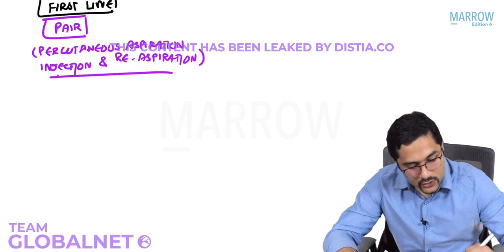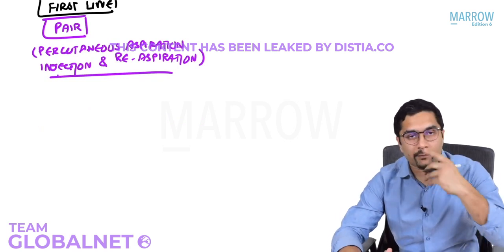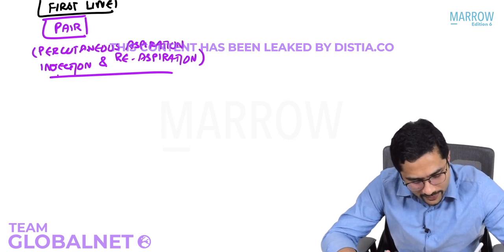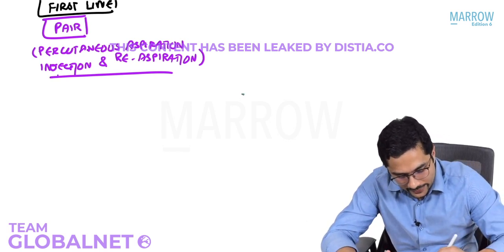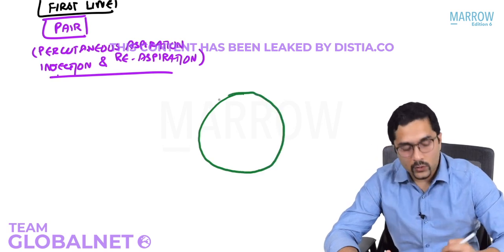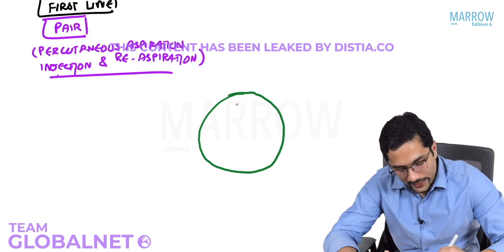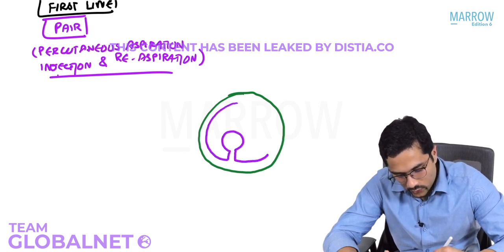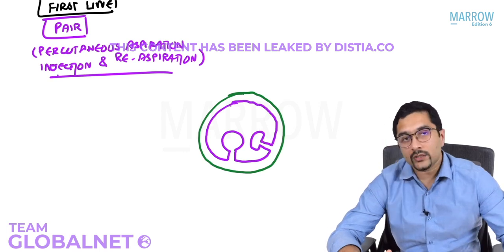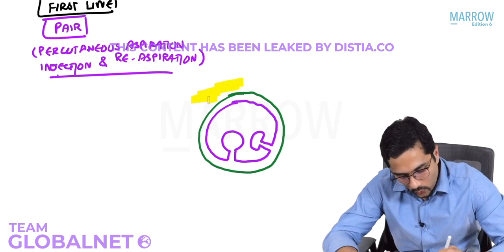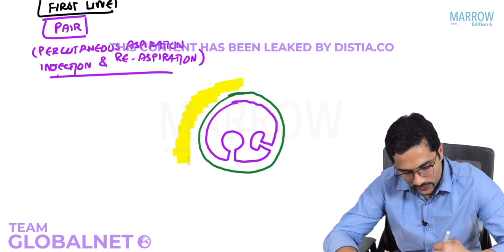I'll just tell you what exactly is done in PAIR. To understand what is done in PAIR, let's go back to the microbiology. In microbiology, you know that there is an ectocyst and an endocyst. The endocyst is the one which gives rise to daughter cysts. And outside this, you have the host reaction, called the pericyst.